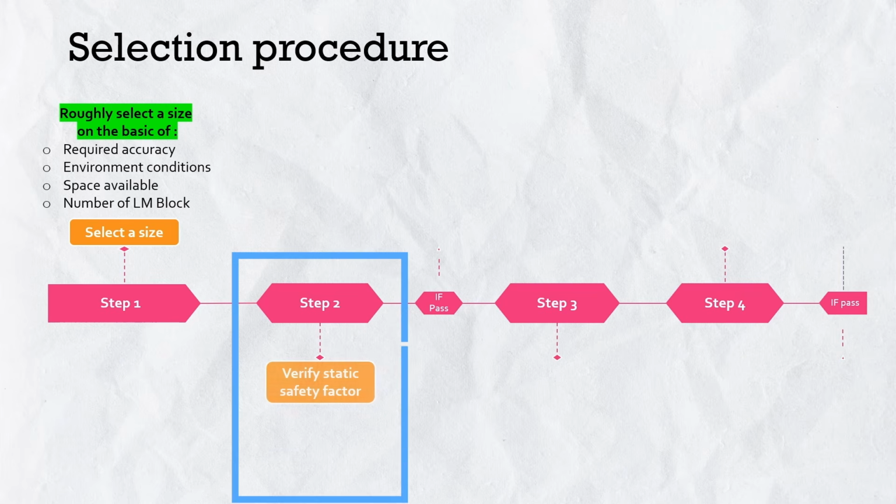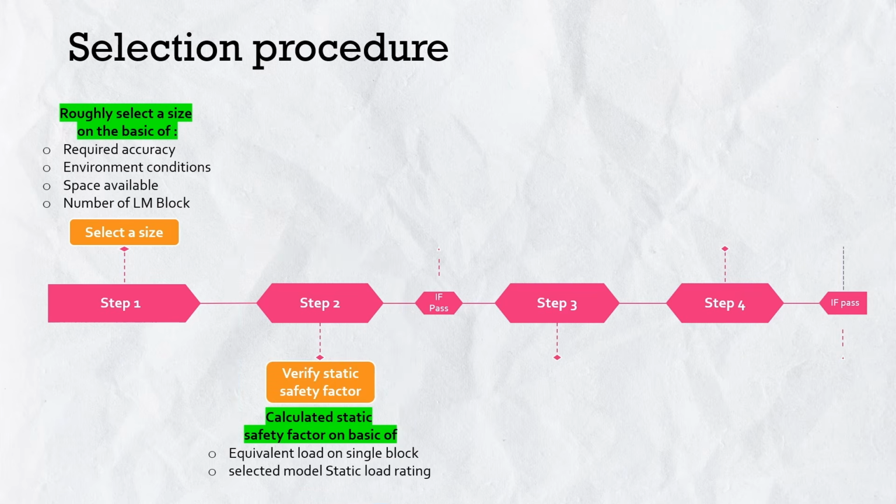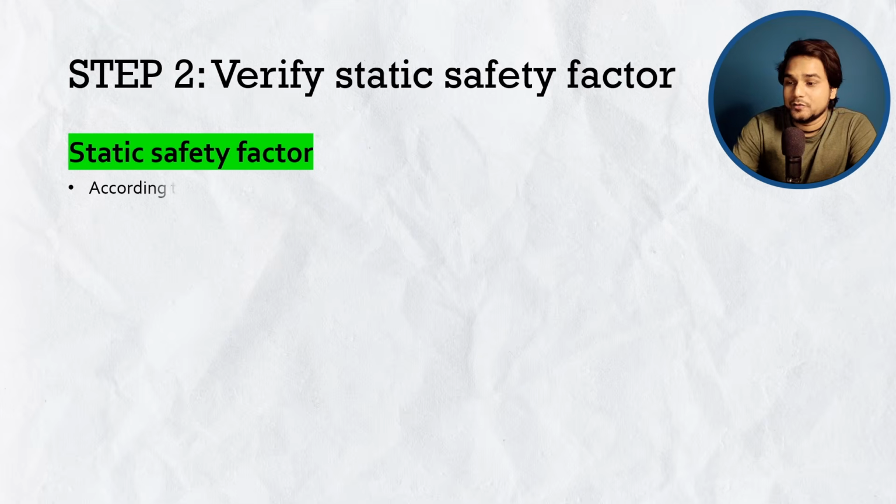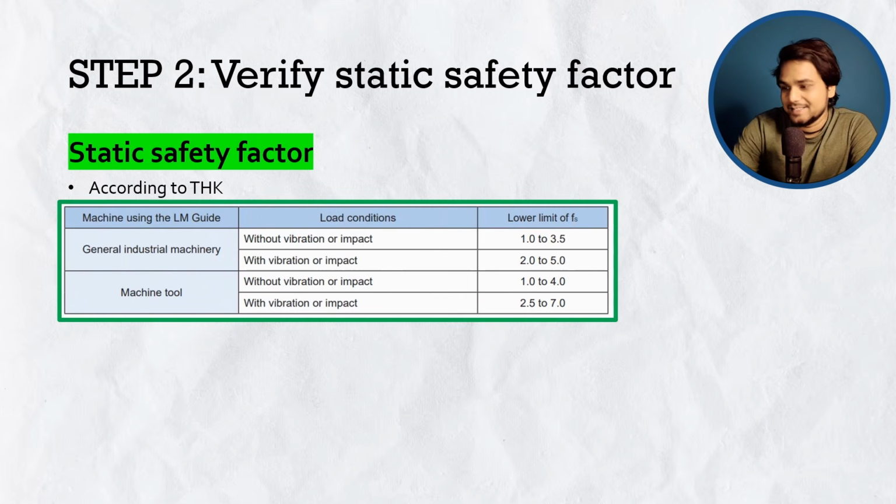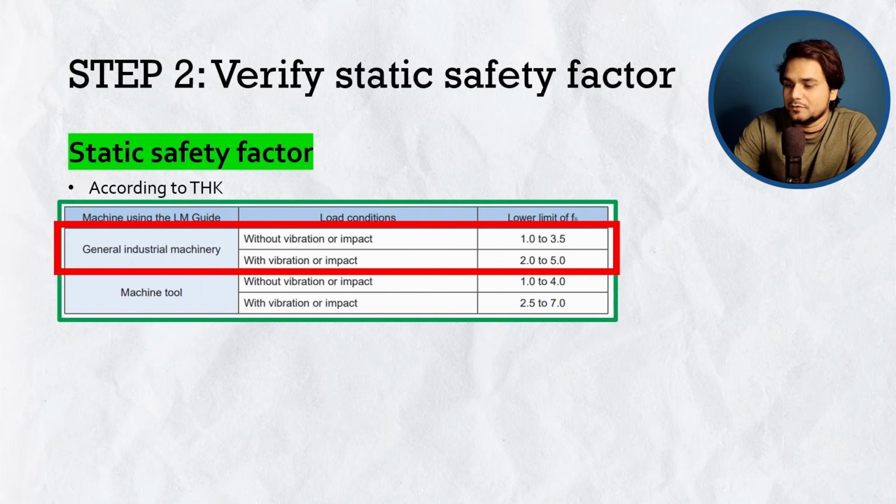After that, we can verify the selected guideway on the basis of static safety factor. The safety factors are different for different applications. According to THK, an LM guideway manufacturer, the static safety factor for a general industrial application without vibration or impact should be 1 to 3.5.